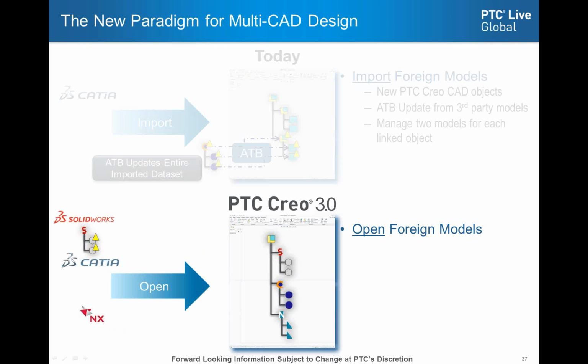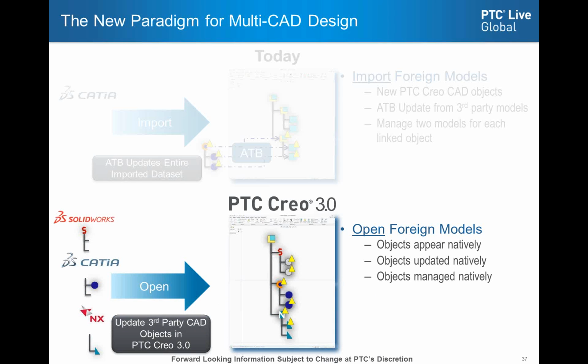If a change happens, it will then automatically notify you that, in this case, some of the SolidWorks information is out of date, and it'll give me the ability to update that. Notice the difference here that the SolidWorks parts have updated, but the assembly hasn't. So what it will do is only update what is relevant. So objects appear natively, objects update natively, and objects are managed natively.